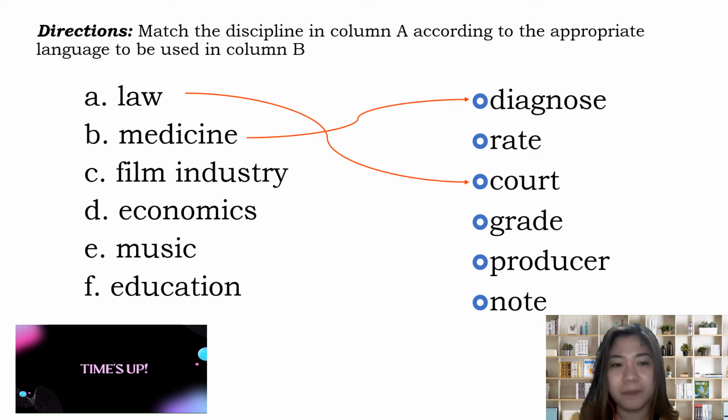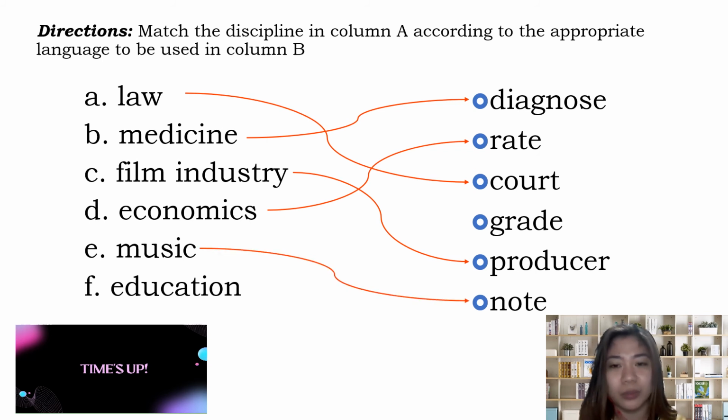Letter C, film industry is for producer. Letter D, economics is for rate. Letter E, music is for note. Letter F, education is for grade. Okay.